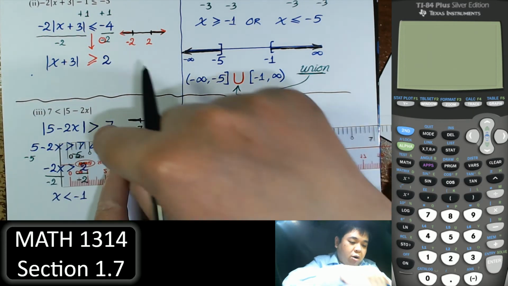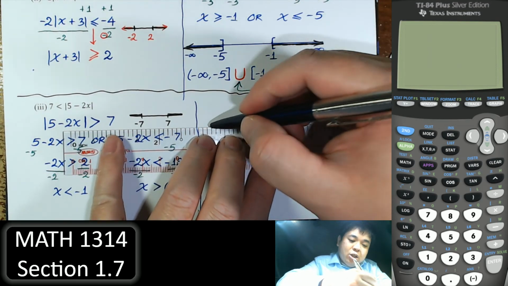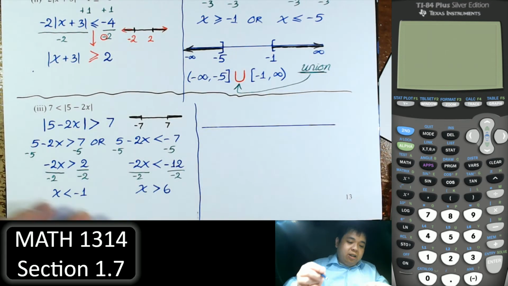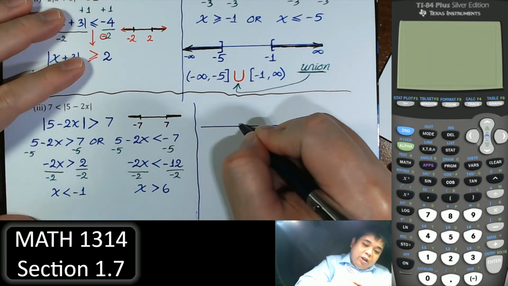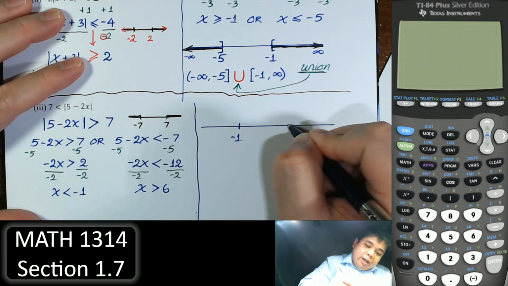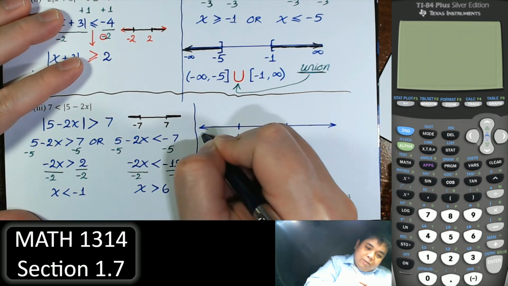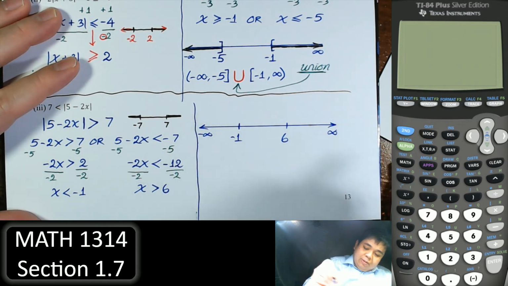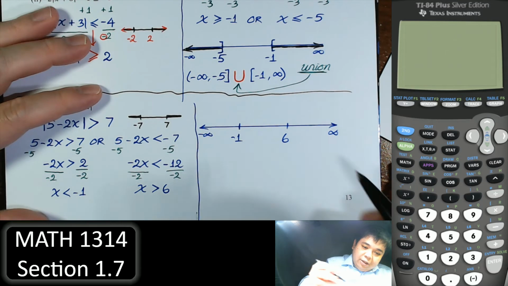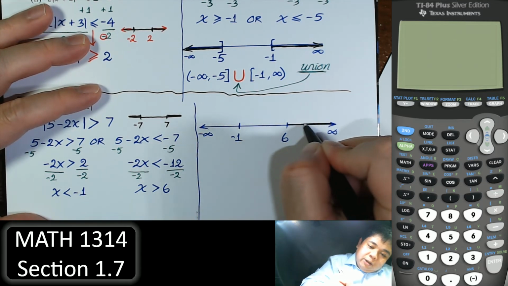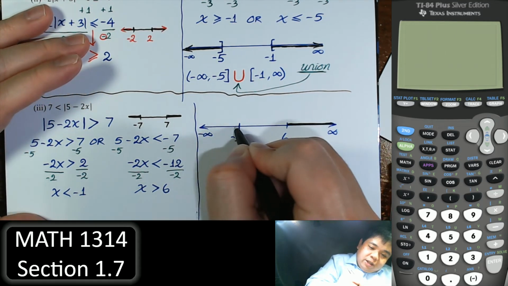So we know the problem is greater than, so the answer must be two intervals on the outside, in particular on the outside of negative 1 and 6.